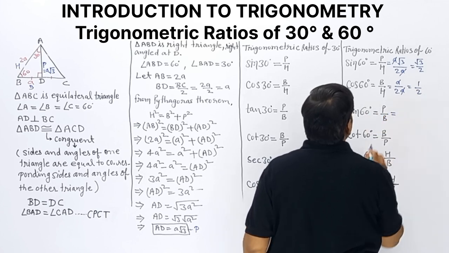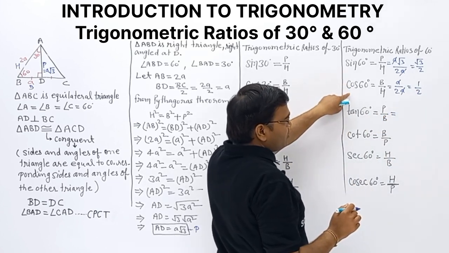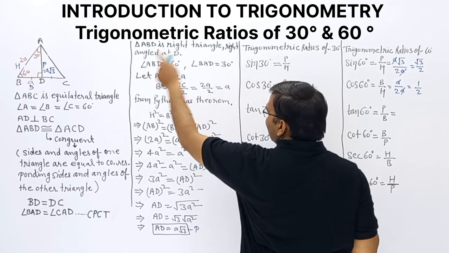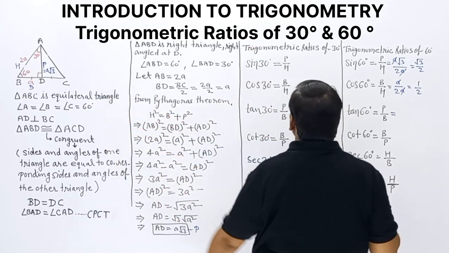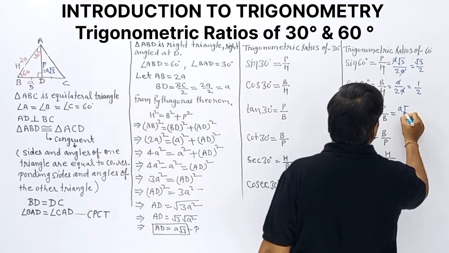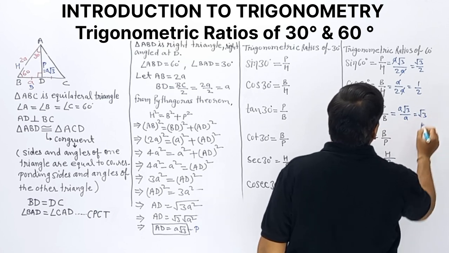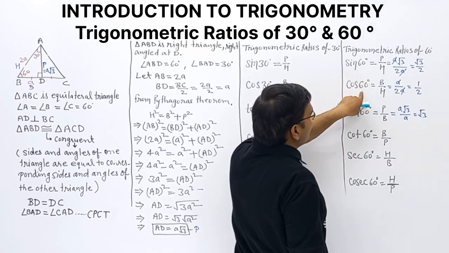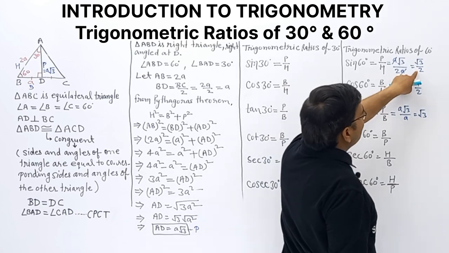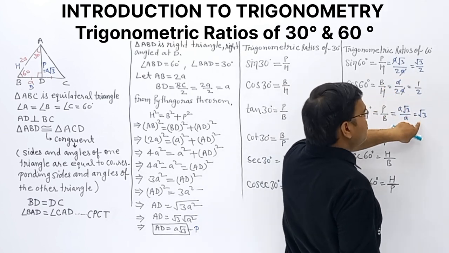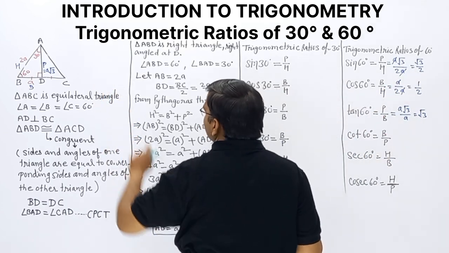Now tangent 60 is what? Sin 60 upon cos 60. Or directly we can say P upon B. P is A square root of 3 divided by base A. So the value will be this one. So this divided by this, what are we getting? Square root of 3. Now cot 60.